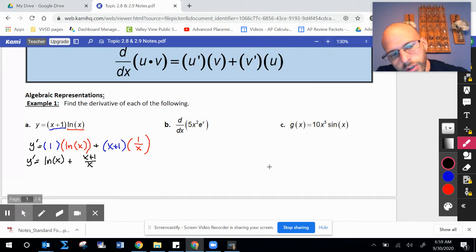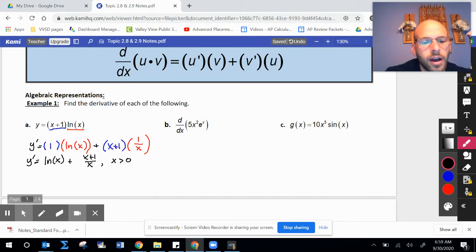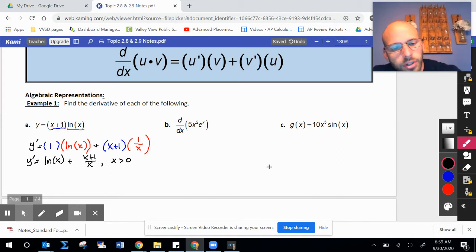You can also include a domain constraint here, because we took the derivative of natural log: x has to be greater than 0, since our function doesn't exist otherwise. You can choose to put that in there or not. That's up to you, but this is your derivative.